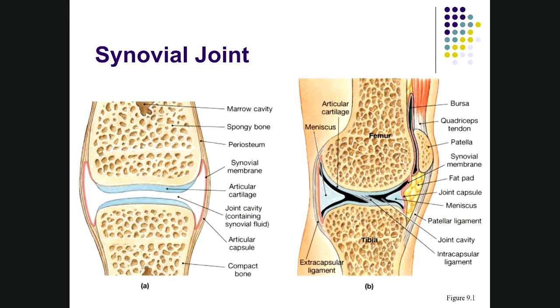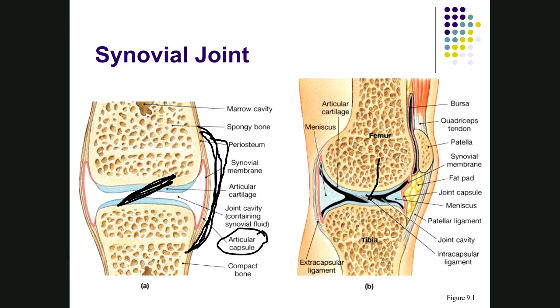Ligaments can be inside the capsule. So here's our capsule over here. They can be inside like this. They can hold this bone together like this. And that's exactly what we see right there. But they could also be outside the capsule like this.